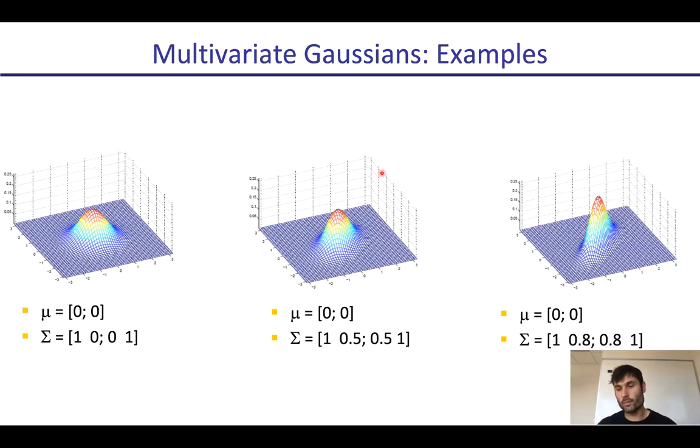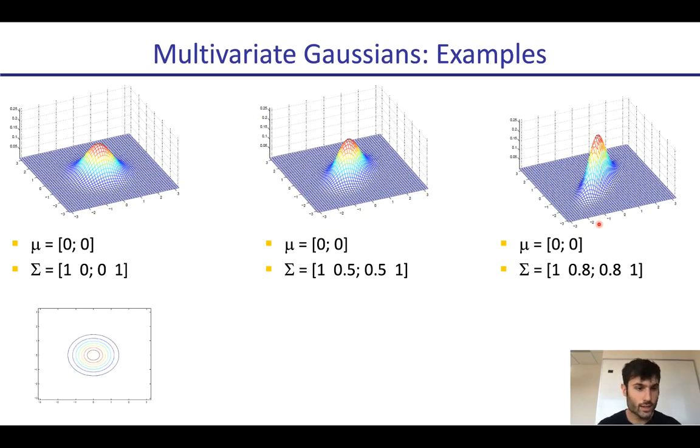Then we can correlate them even more by increasing the value of these off-diagonal terms. In the limit of this being close to 1, because if it's 1 then the covariance won't be invertible, what we'll have is almost just one line, and a very thin shape.